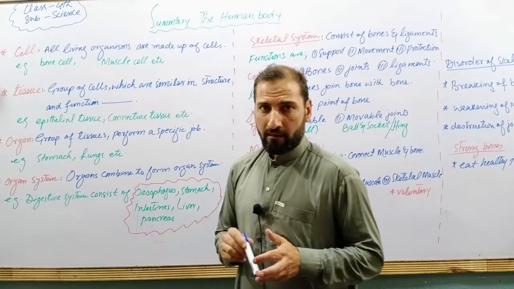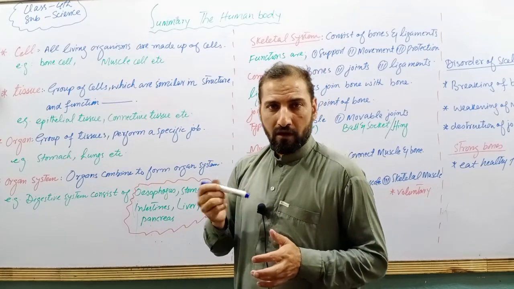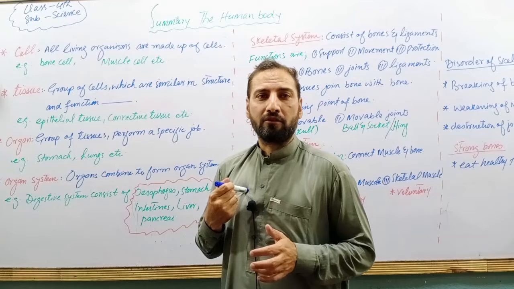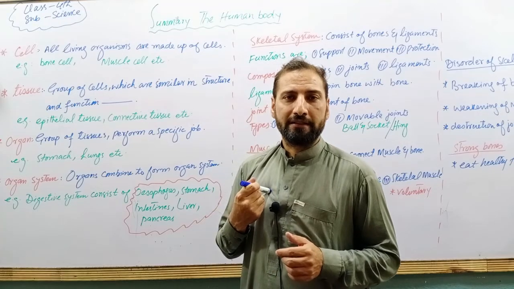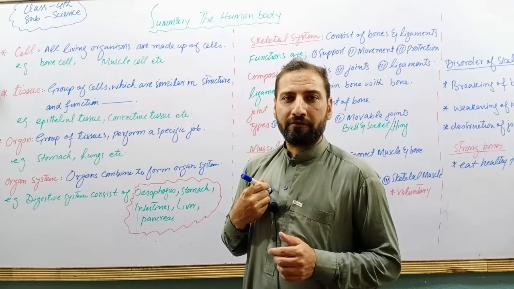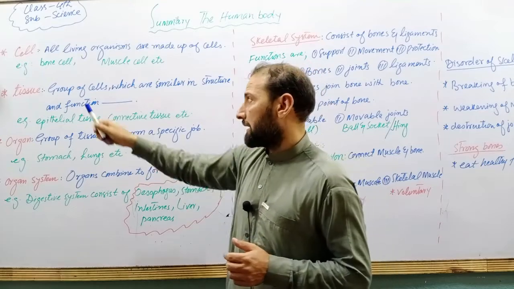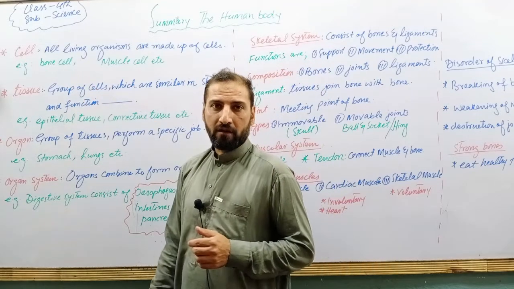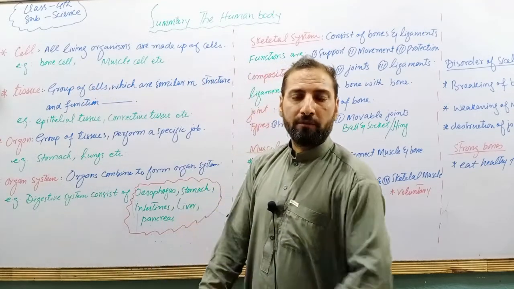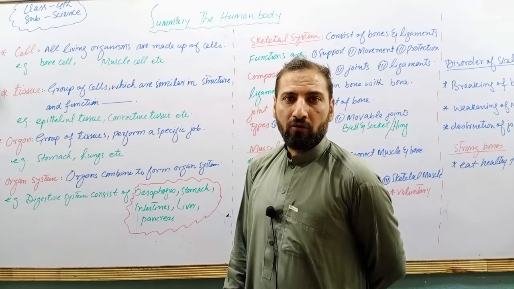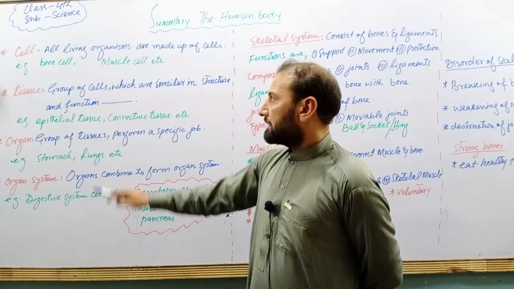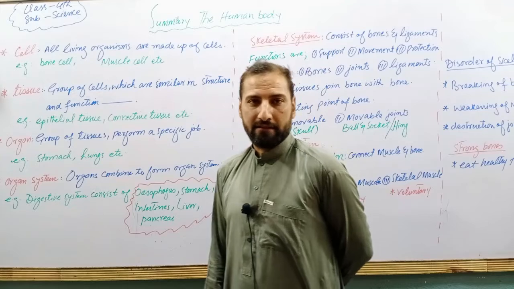What is cell? Cell means our body consists of units called cells. There are different kinds of cells in our body. For example, bone cells. Our bone consists of a special type of cell called bone cell. Next one is muscle cells.